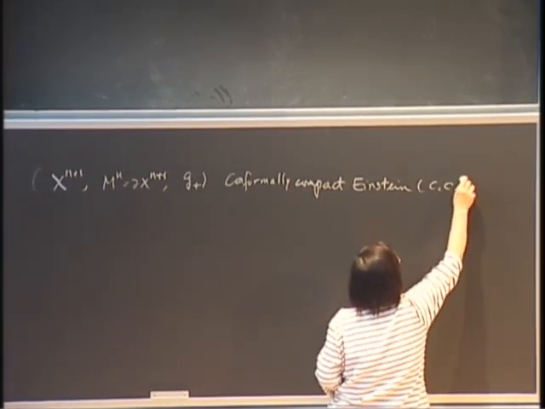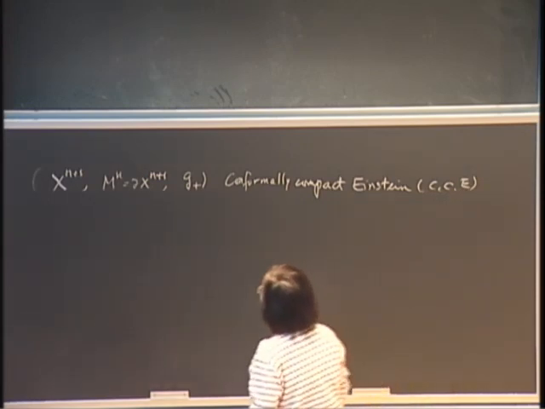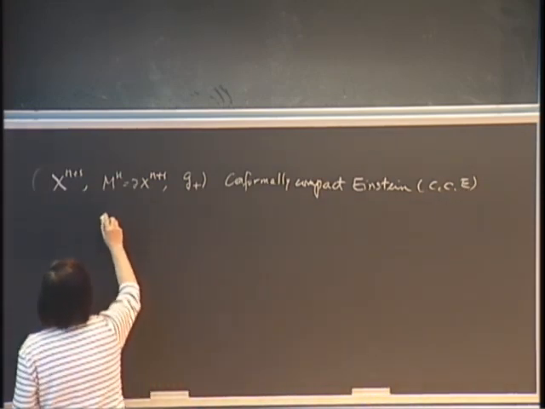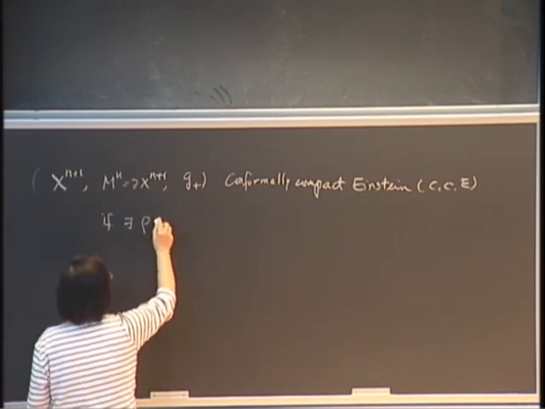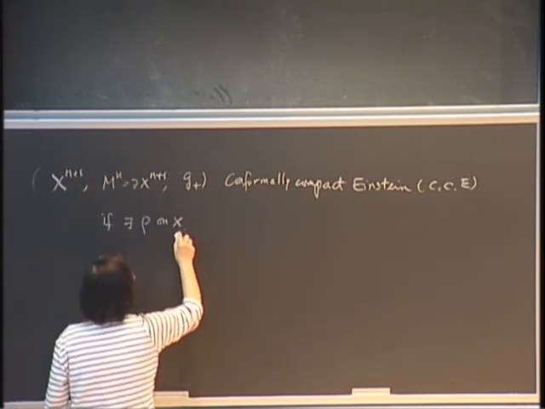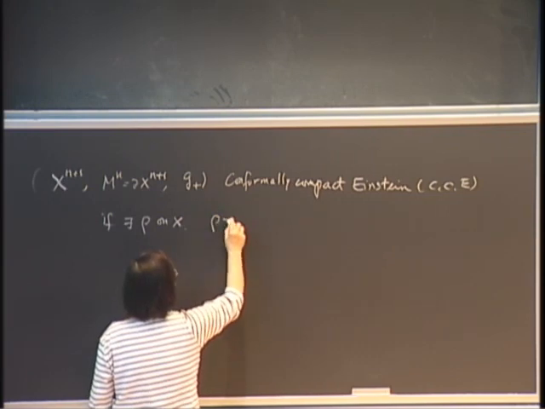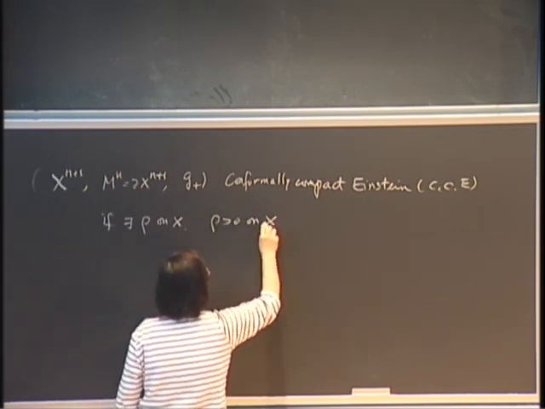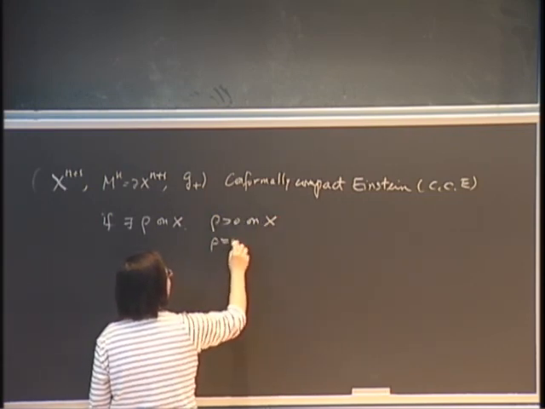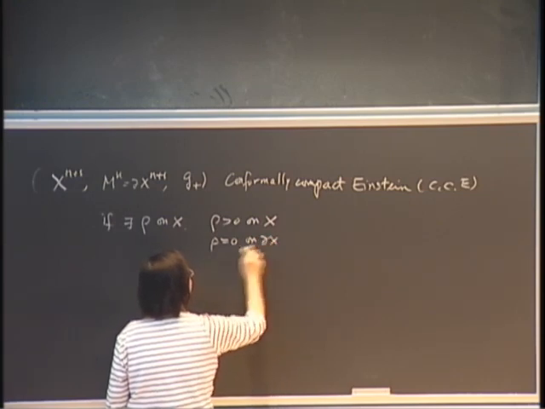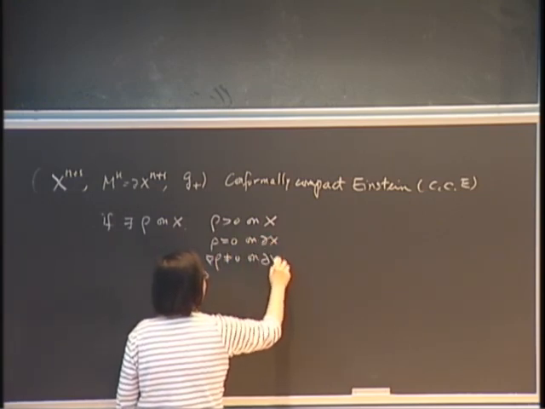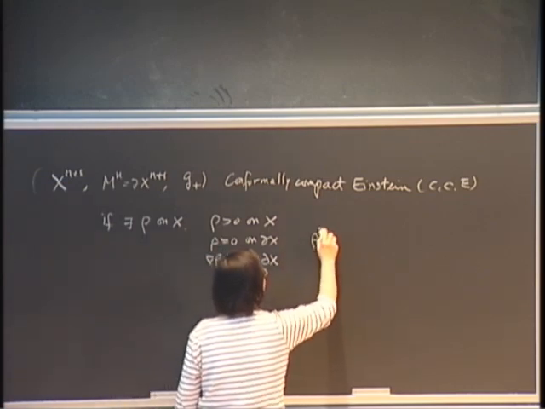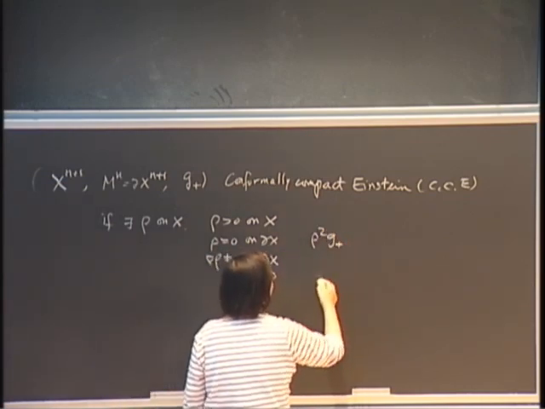CCE, if there exists a defining function on X, rho, which is positive, rho equal to 0 on the boundary, and gradient rho is non-vanishing on the boundary, such that rho squared G plus is compact.